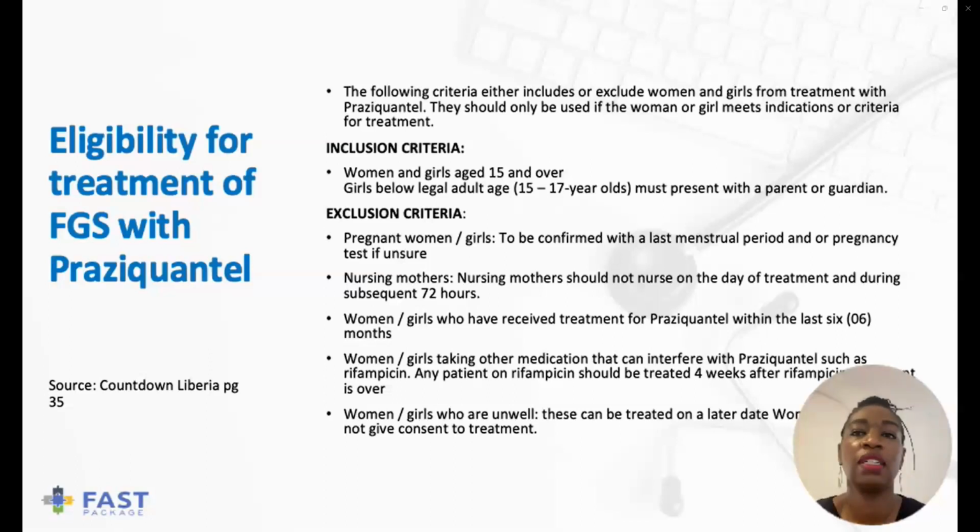That means it ends up reducing completely the levels of praziquantel, so you may not get the levels of praziquantel that you need in your blood circulation to be able to treat. And those who are unwell, you do not want to make them more unwell. You can defer the treatment to a later date, but you have to document that somewhere and ensure you follow them up.